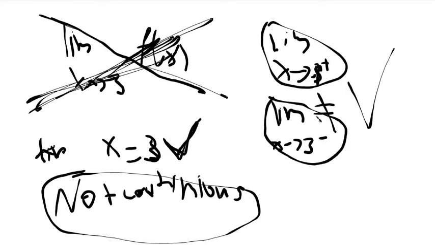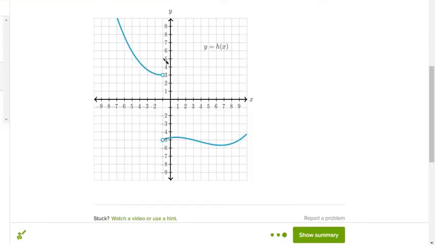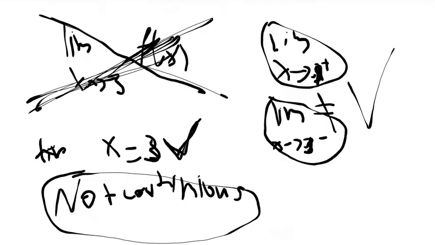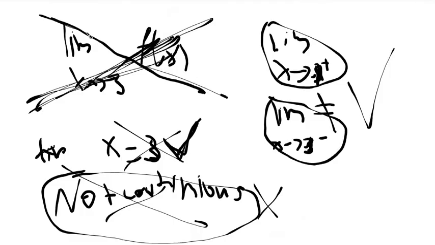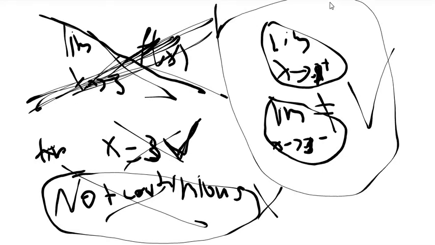Let's do -1 and -1. Both exist. It's not defined at that point, nor is it continuous. So nope and nope. And since they're both different points, we could easily say that the overall limit doesn't exist either. So the only two matching results are the limit from the left and the limit from the right.